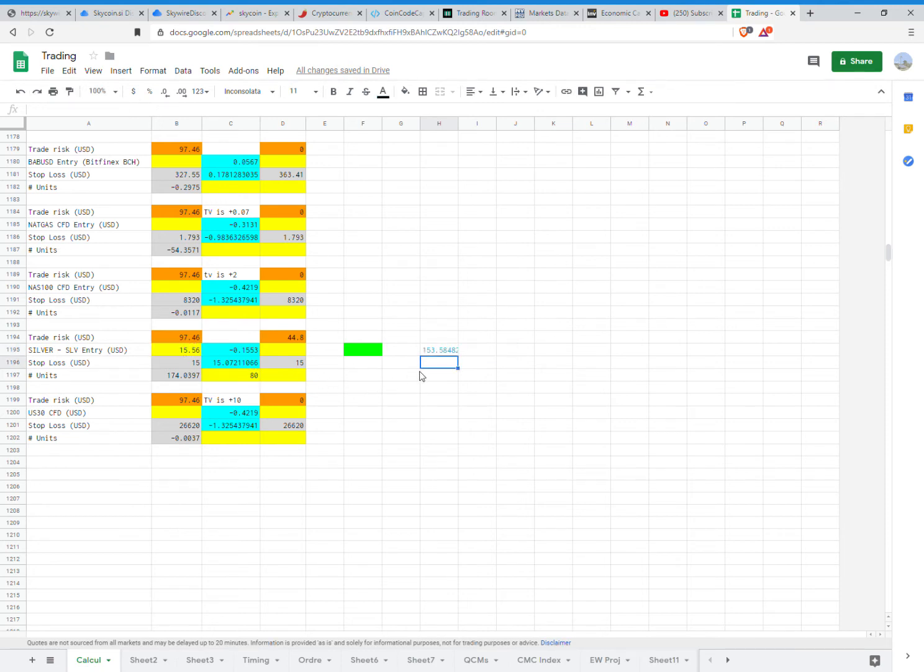So taking this trade here, 80 of those, I would need to have 153, 154 Canadian dollar available on my account, so I have enough margin available to take that trade. So yeah, okay, back to where I was.